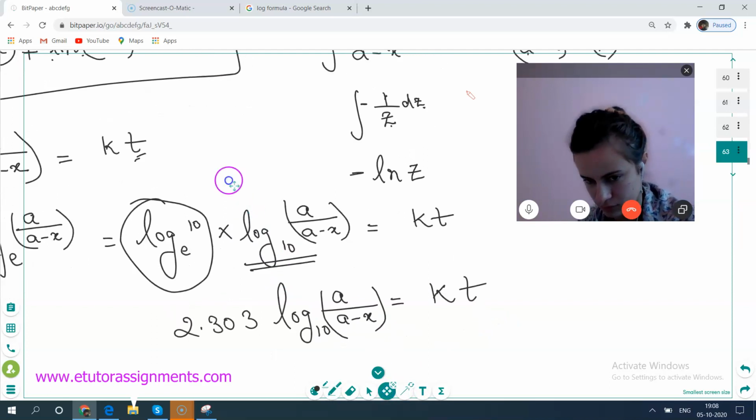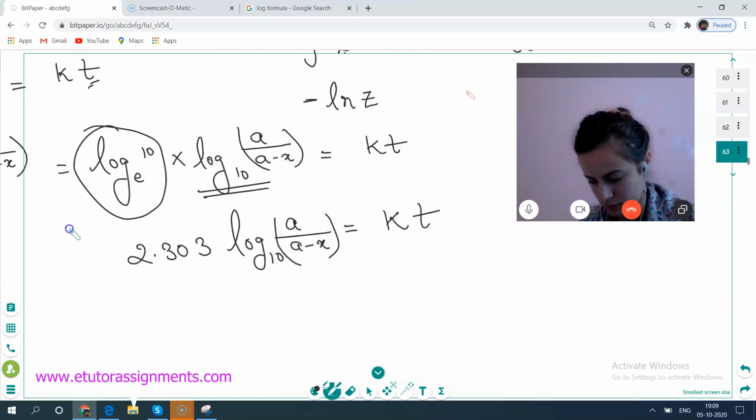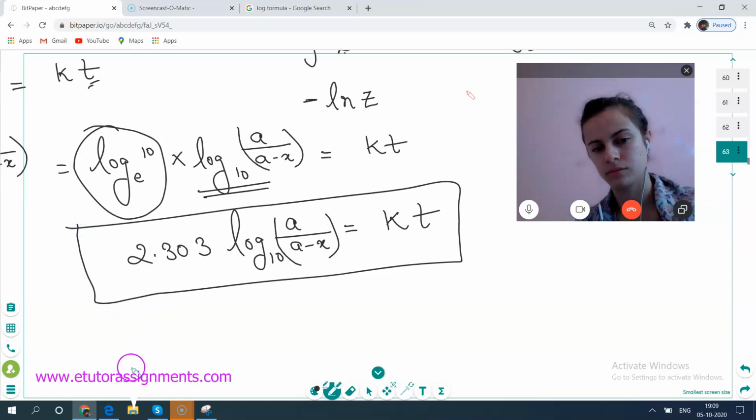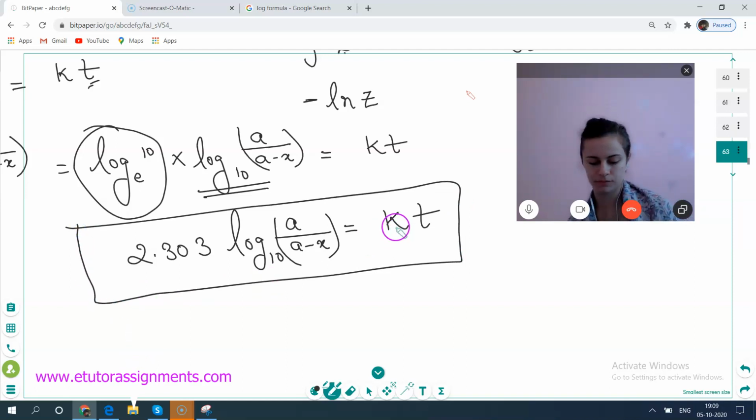Now this is the main equation for the first order reaction. Correct na? If you ask time, you can use T. If you ask constant, what is the K? Rate constant.